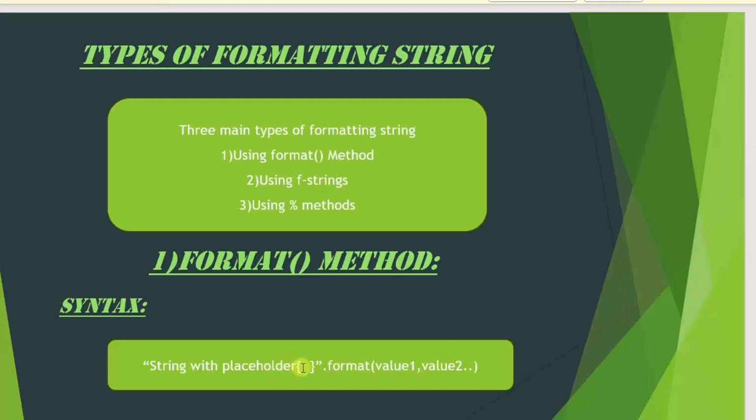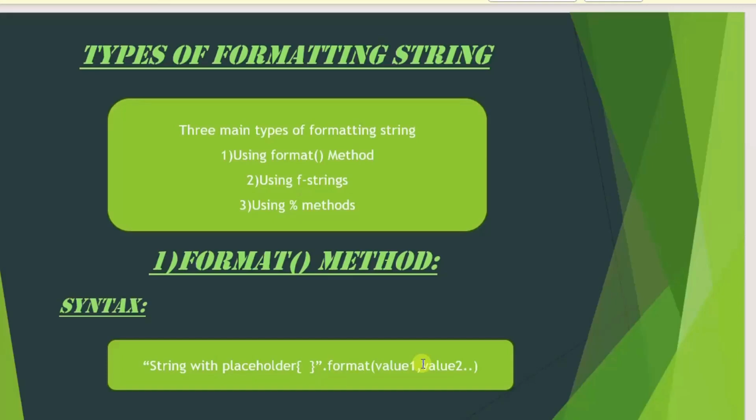The curly braces are the placeholders, marking places inside the string where we want to insert values. Dot format value 1, value 2 is where we put the values or variables we want to insert. These values replace the placeholders in the order they appear.